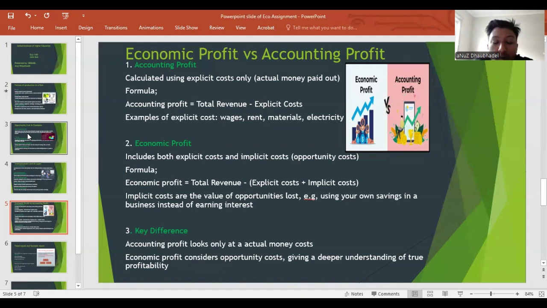Now the economic profit considers both explicit costs and implicit costs, which are the opportunity costs of using resources in one way instead of another.